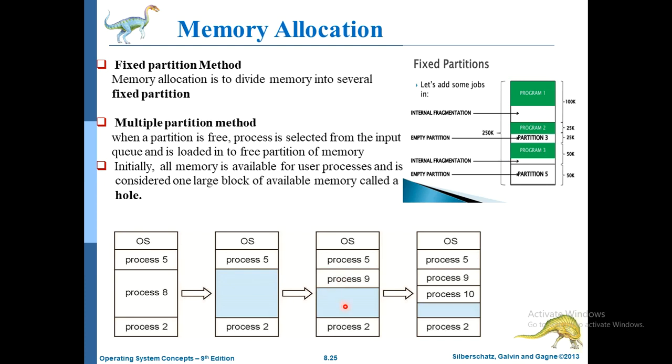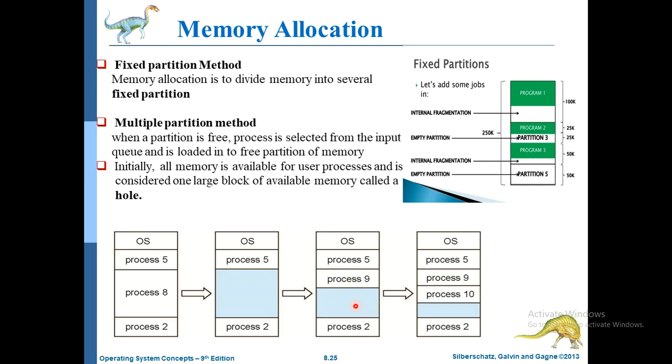Say for example the free hole size is 100 KB, but the process 9 size is only 30 KB. In that case, that 100 KB space is split into 30 KB and 70 KB partitions and we store process 9 in the 30 KB space. We have the remaining 70 KB, right?